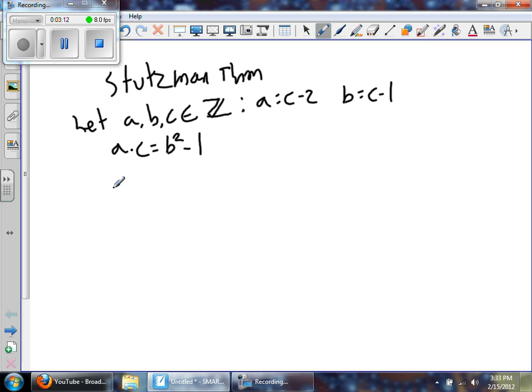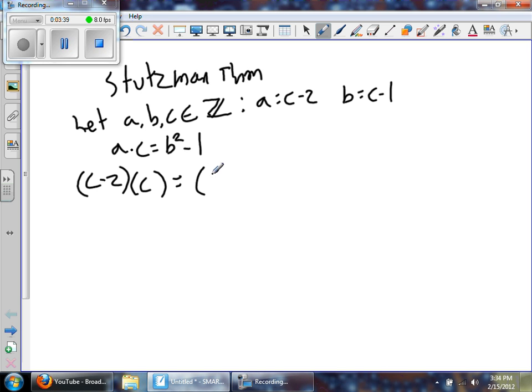On the left-hand side, I'm only going to do one thing to change this. For A, I'm going to substitute C minus 2, which we had when we began. So A times C is C minus 2 times C. And on the right-hand side, B squared minus 1, what I recognize is that this is the difference of 2 squares, which will actually come into play later.